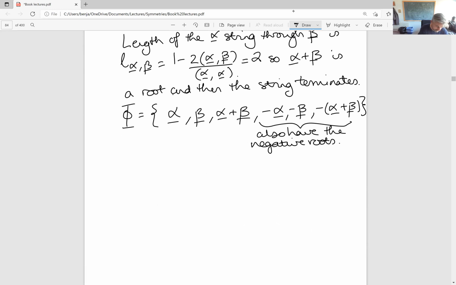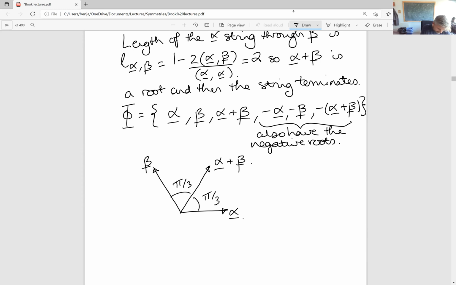So let's plot. This will be helpful to us. Let's plot alpha and beta. Let's plot all of these roots. So alpha plus beta, you'll notice, is here. So this is pi by 3, that's pi by 3.